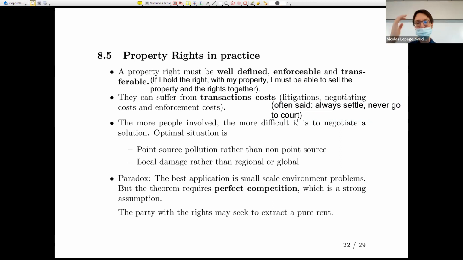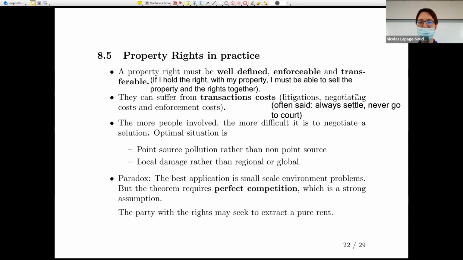You need zero transaction costs. As soon as you have to make phone calls and lose time, you're going to ask yourself, is it worth it to have a bit less pollution in my river if there's a mountain of procedure? And of course, you can bet that polluters know that, and they intimidate people and say, oh, if you challenge me, I'm going to court and you're going to spend the next 30 years of your life going to court every weekend. So think about it.